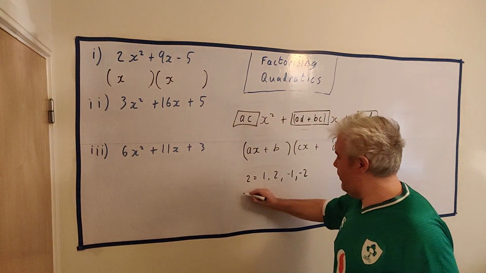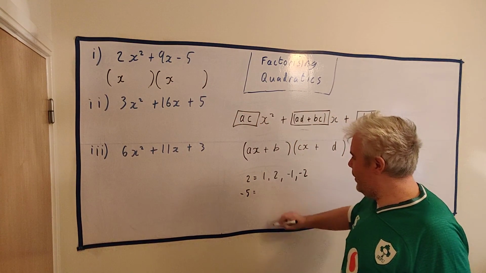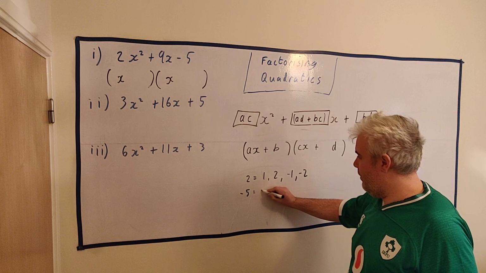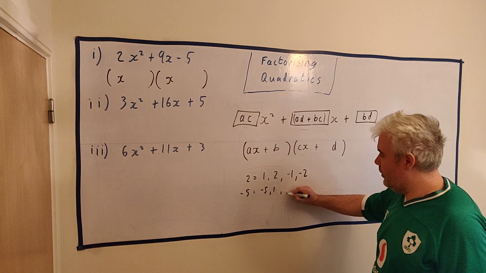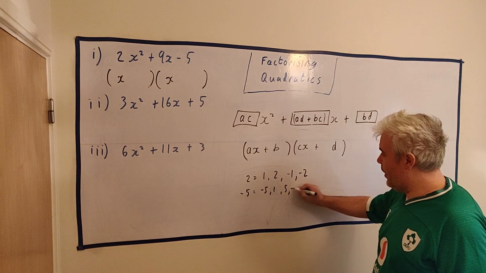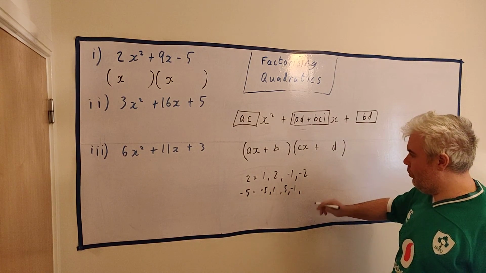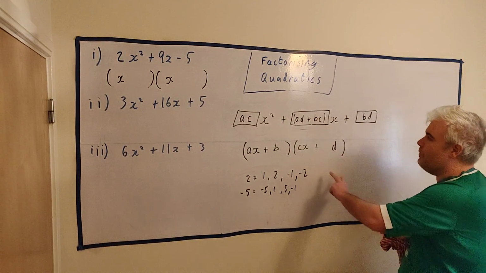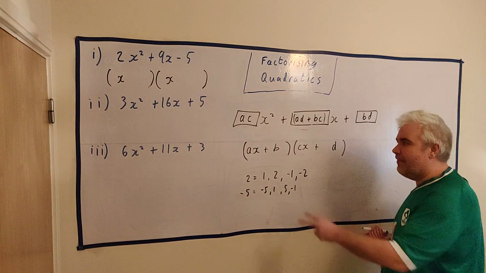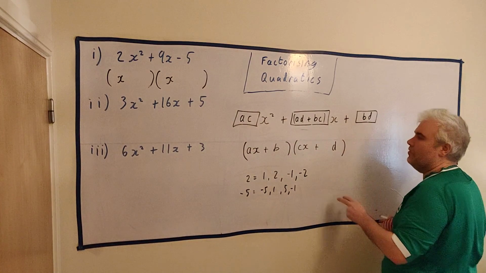Minus 5. The factors of minus 5 are minus 5 and 1, or 5 and minus 1, and that's it, I think. Really, so that's all the numbers we have to play with here. They have to obey these 3 rules.